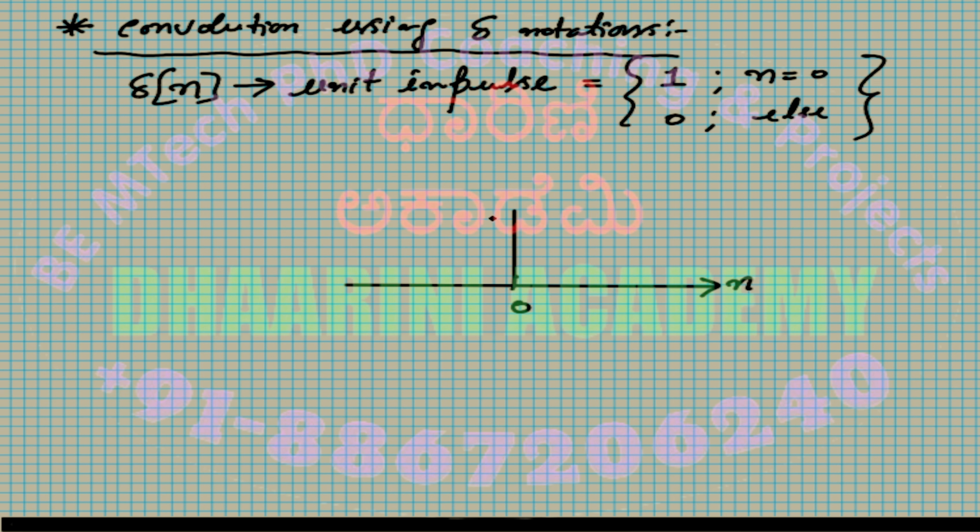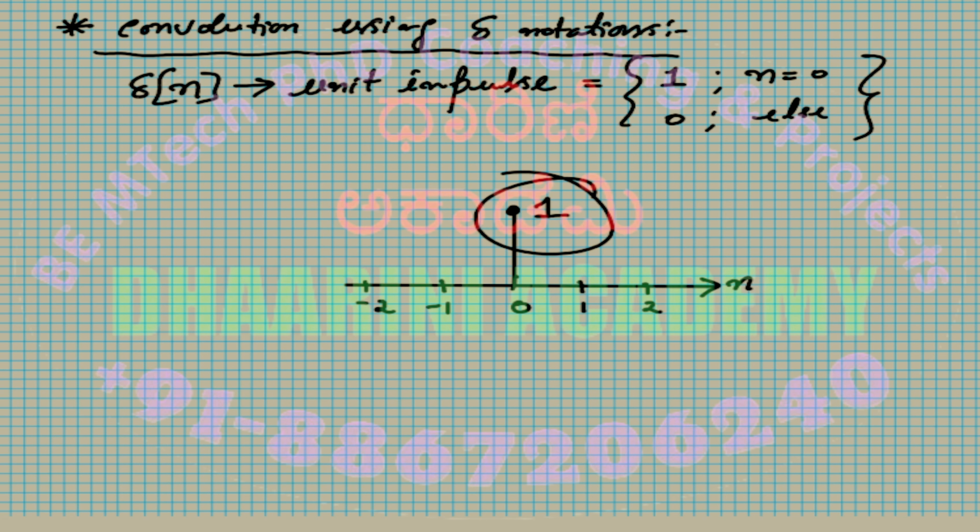I mark the amplitude at the head of this function and write 1 over there. At 1, 2, its value is 0, and at minus 1, minus 2, it is not there. This kind of function is called a unit impulse function. It is unit because its amplitude is 1.